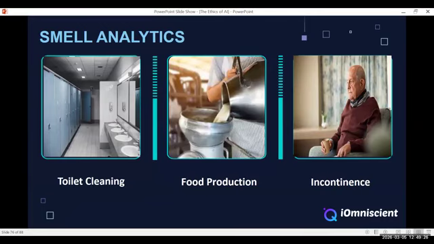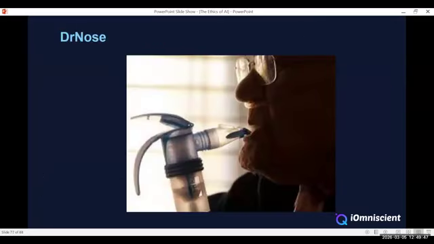They bring in milk from all the farms. By the time it comes to the factory, it might have gone off. So it'll smell the milk and say this is good milk, it's bad milk before they start processing. It's used in hospitals. A patient might be incontinent, the room will start smelling. The message will go to the nearest nurse saying, go and help the guy in room 26. The room is smelling, things like that.